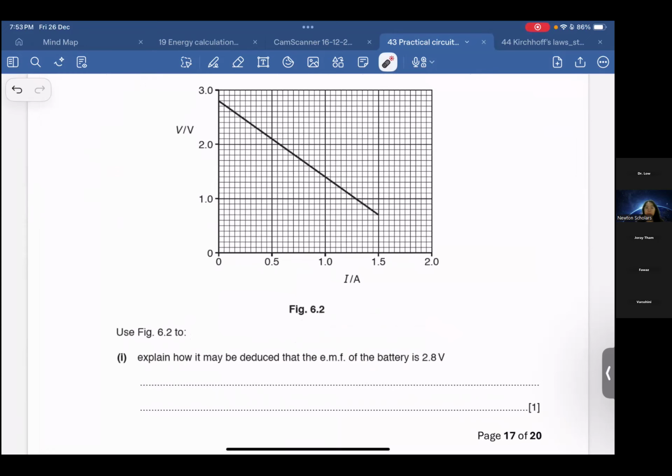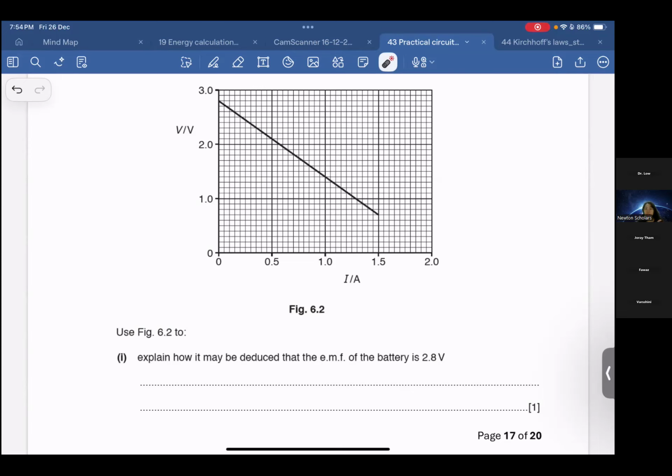Just now in the quick revision, I actually mentioned that the y-intercept reading is actually our EMF. Any of you? Vashini? Manjo? Yes, Vashini, correct.